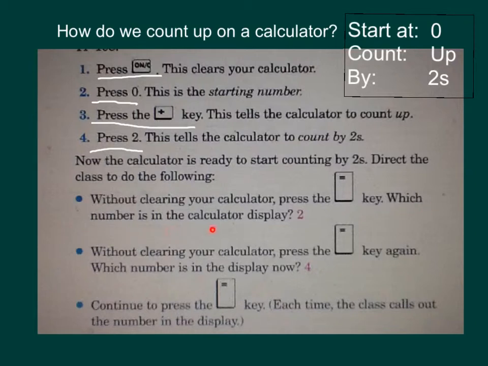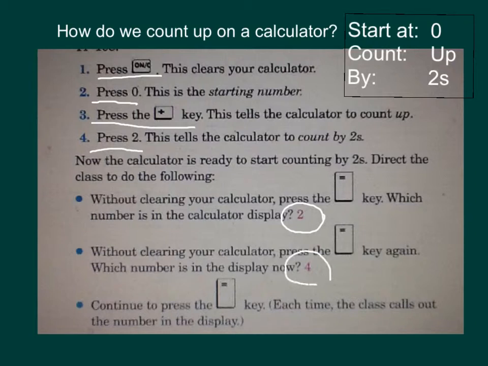Which number is the calculator displaying now that you've pressed the equals key one time? You're right. It is showing the number 2. Without clearing your calculator, I want you to press the equals key again and see which number our calculator is displaying now.